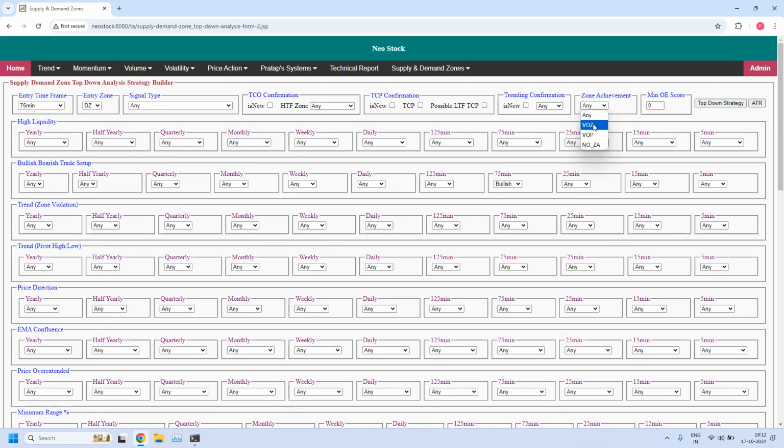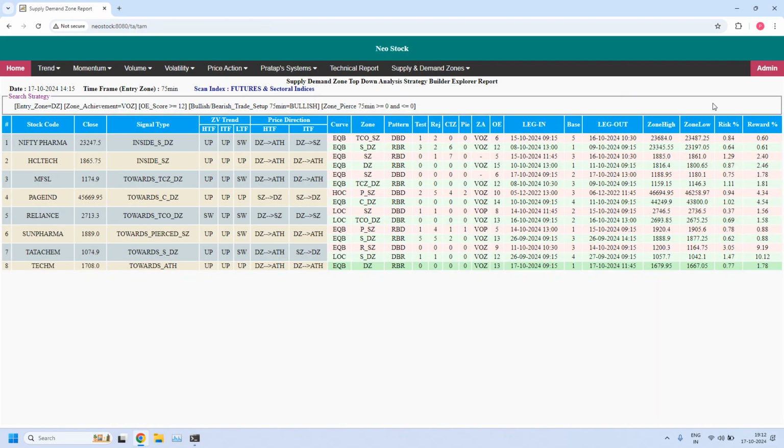Zone achievement violated opposing zone, minimum odd enhancer score is 12. With all the 3 filters, let's verify. We got 8 stocks. All these 8 stocks are currently supporting bullish trade setup for weekly income trade, that is entry time frame 75 minutes.